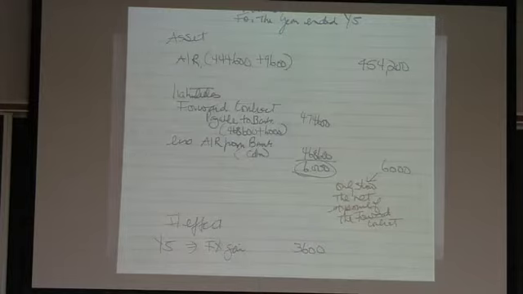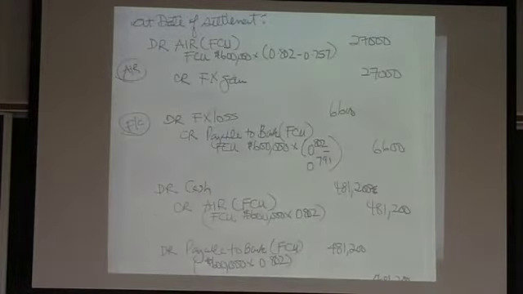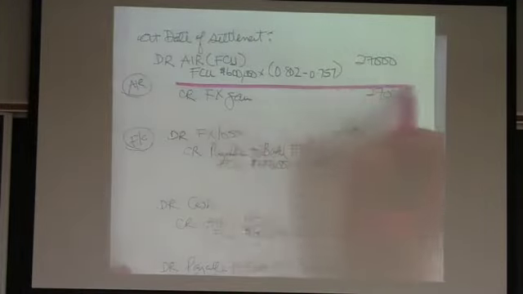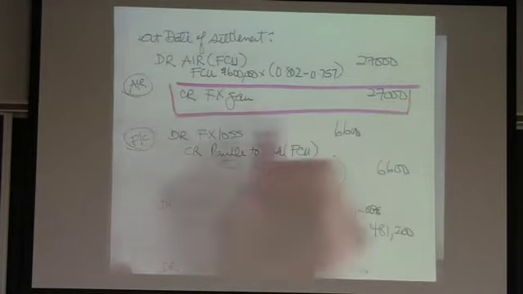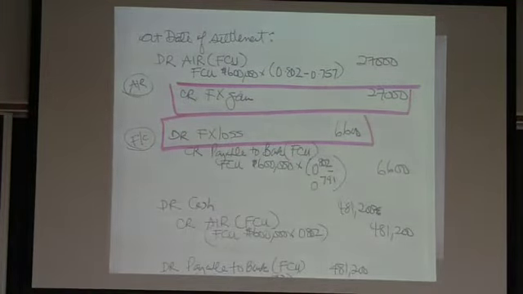And for year 6, for the same transaction, what happens? Then we've got a gain of 27,000. We have a loss of 6,600. So what do we have?